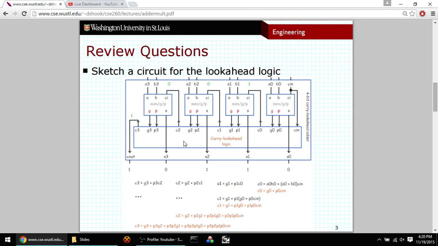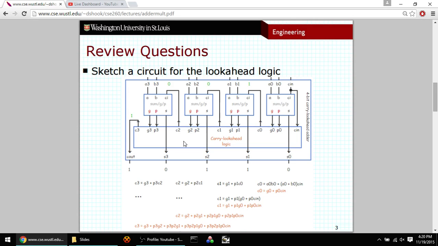What's the expression look like? C0 on this diagram equals what? What's the expression? G or P and C in. Right?